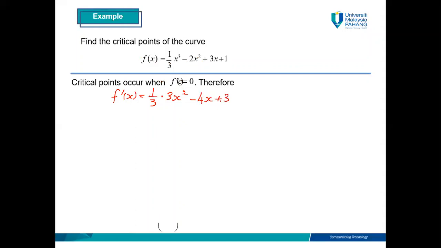To find the critical point, it occurs when f prime x is equal to 0.